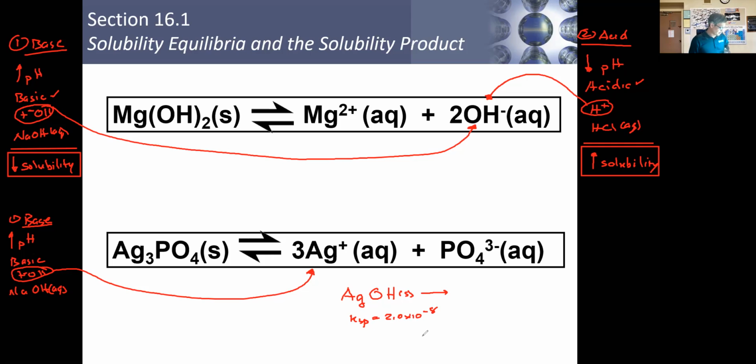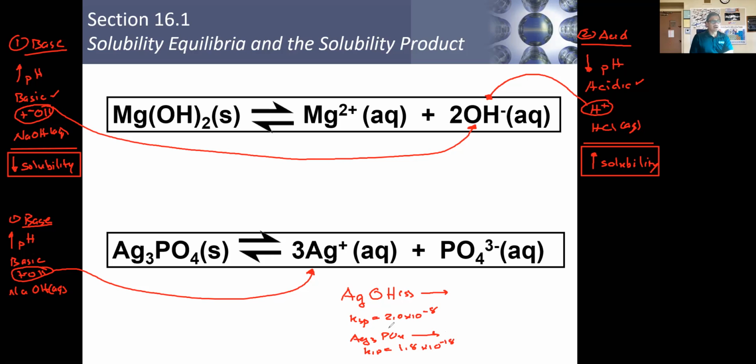Silver phosphate, Ag3PO4, has a KSP value of 1.8 times 10 to the minus 18.